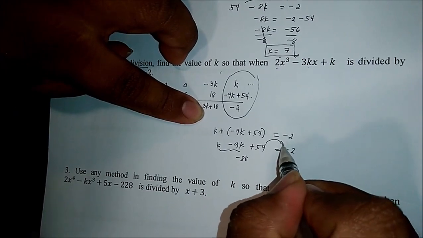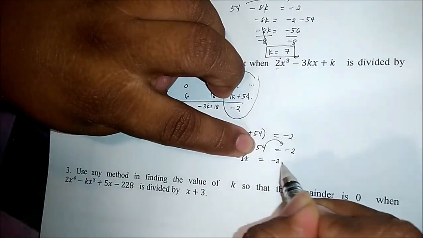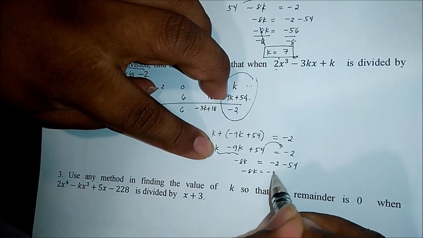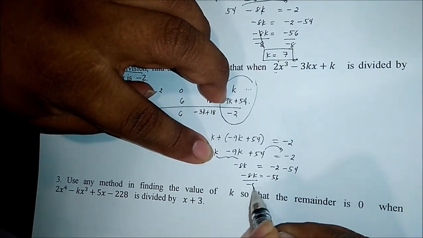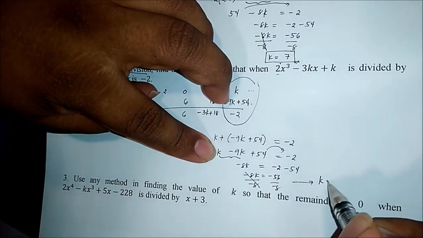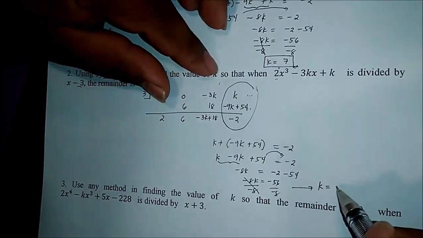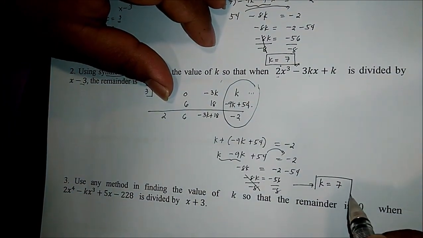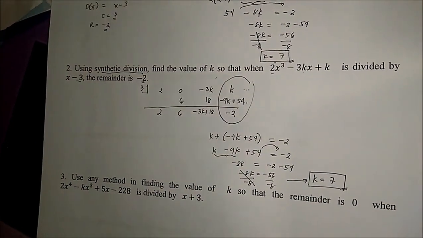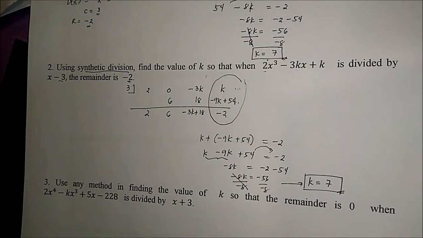By APE, ito ay magiging negative 2 minus 54. So, we have negative 8k equals negative 56. Dividing both sides by negative 8, we have k is equal to negative 56 divided by negative 8, which is positive 7. So, as you can see, we have the same answer using different methods.